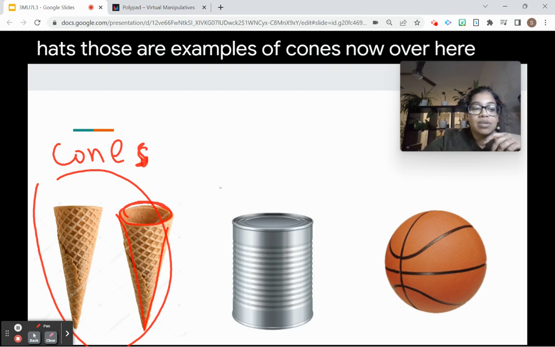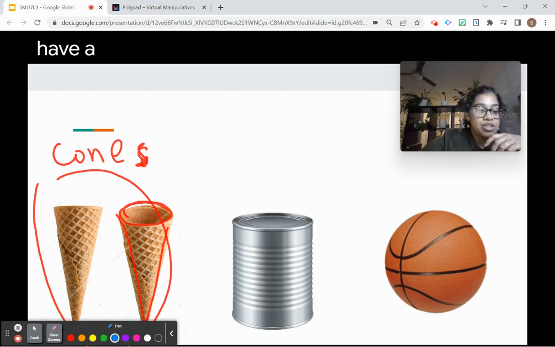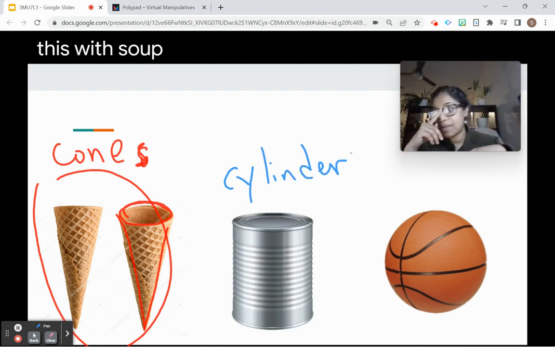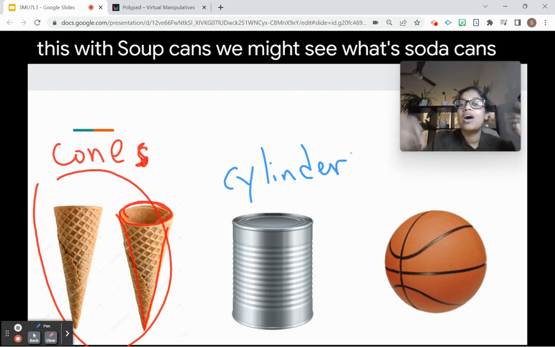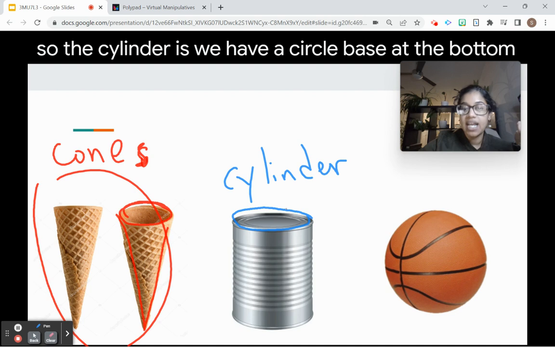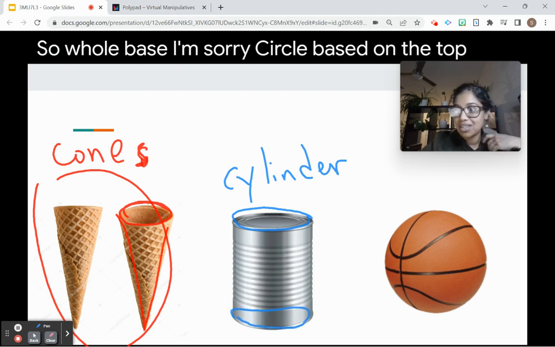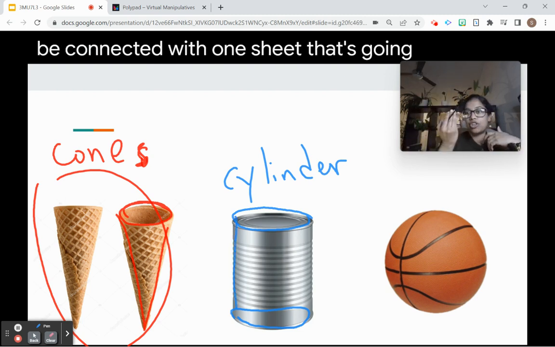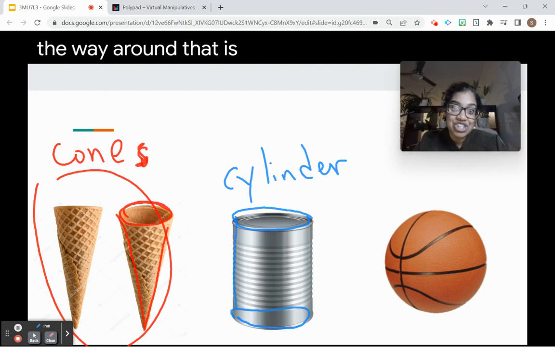Now over here, I'm going to change the color, we have a cylinder. So we see this with soup cans. We might see it with soda cans. So the cylinder has a circle base at the bottom, right? And then another circle base at the top. And then it's going to be connected with one sheet that's going to wrap all the way around. That is a cylinder.